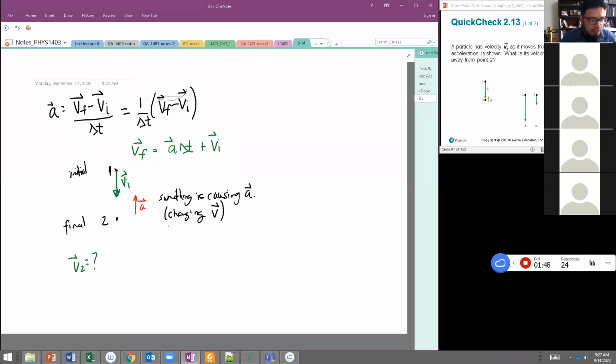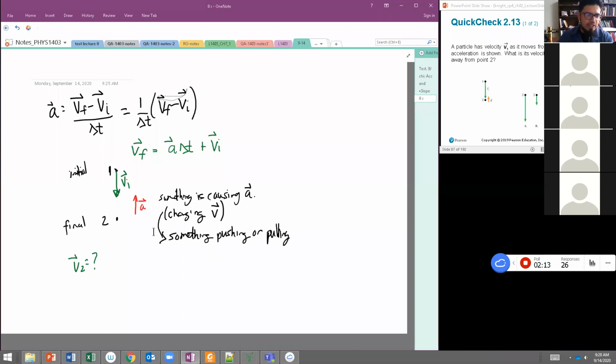We're not going to talk too much, at least yet, about the details of what this something is, but just imagine that something's pushing on it or pulling. And later on, we're going to discuss that this is actually a force. But anytime you see acceleration vectors, just remember it's something pushing in the direction of that arrow.